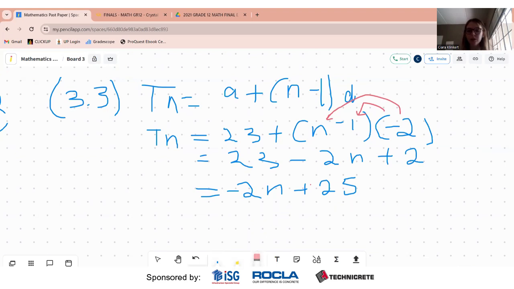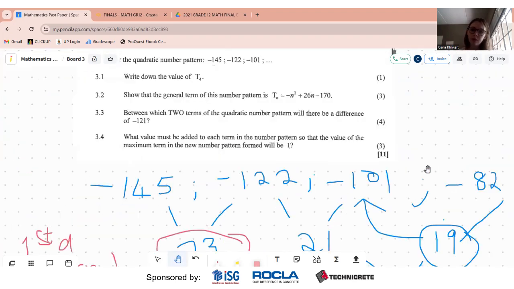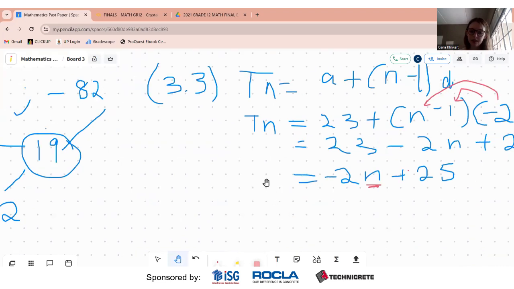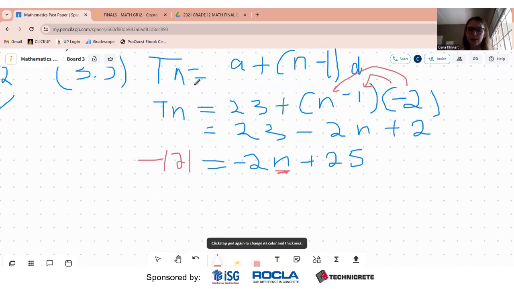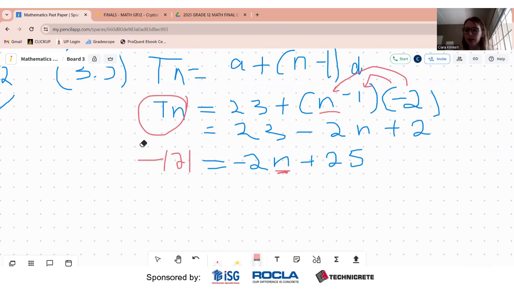Now I want to find the position, the n, where this first difference of negative 121 happens. So I'm going to substitute negative 121 into this general term, because Tn is the value of the sequence at position n, and n denotes the position. Because I'm given the value at some position n, which I don't know yet, I substitute that in the place of Tn. Now I want to solve for n.